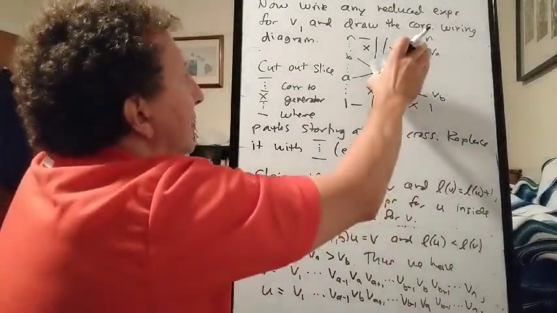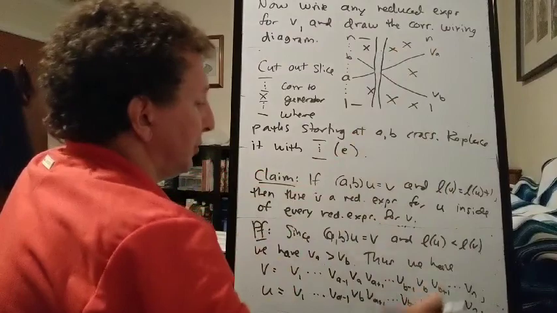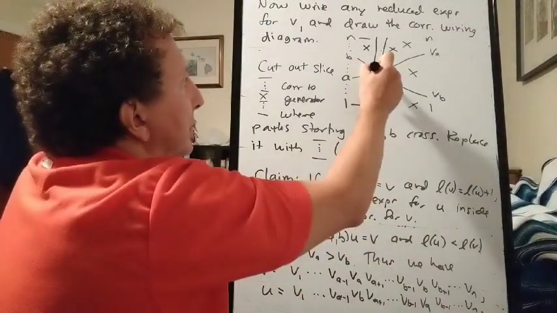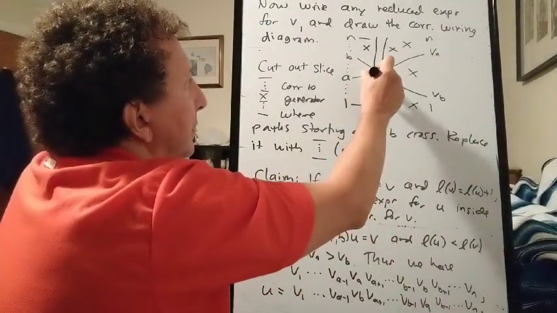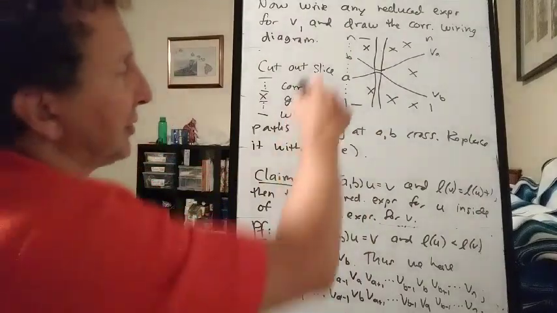So if we do that, then these two paths don't cross anymore. Something like, they do something like that.